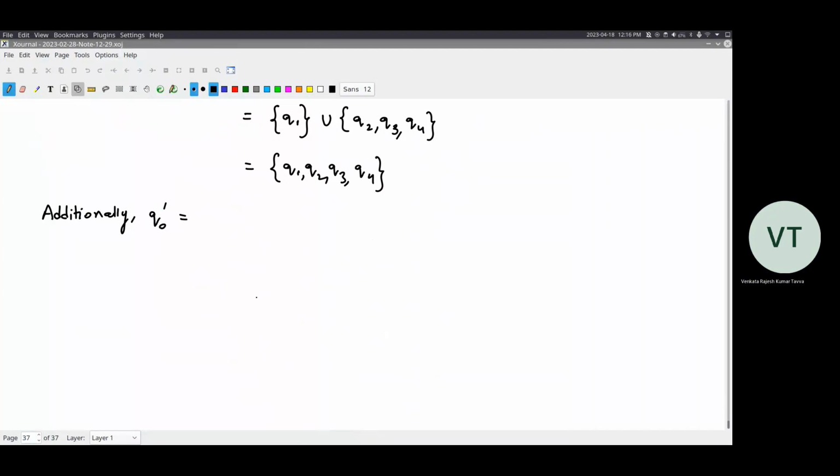No. Del of Q0 comma epsilon. See, basically E of Q0 is nothing but, you can think of it as E of del of Q0 comma epsilon. I mean 0 or more epsilons.